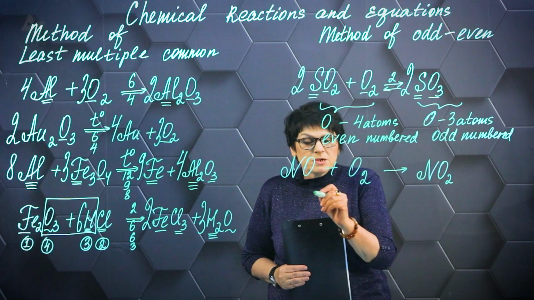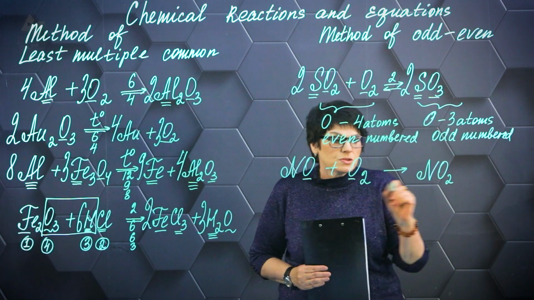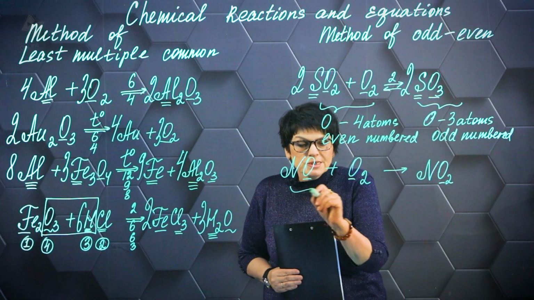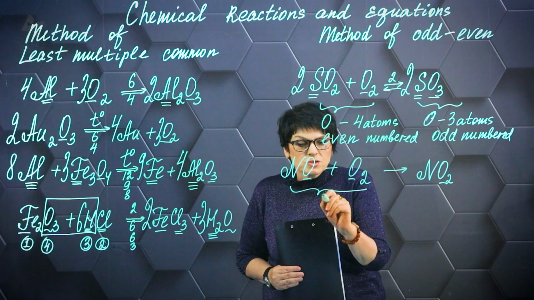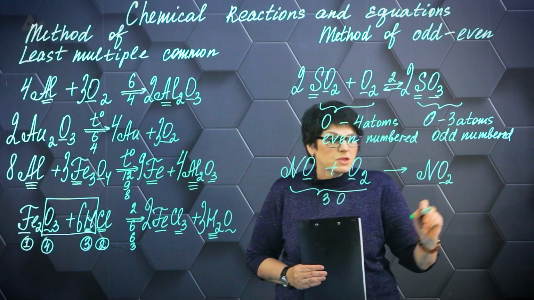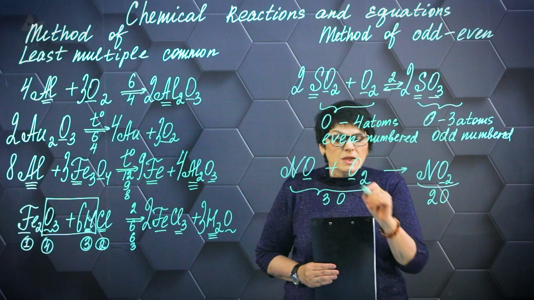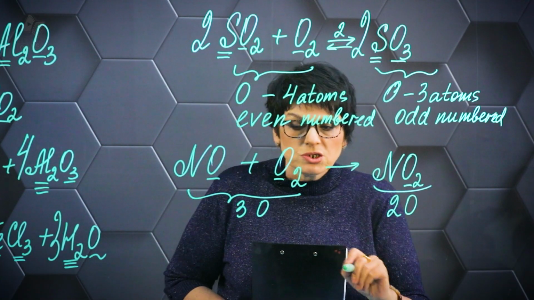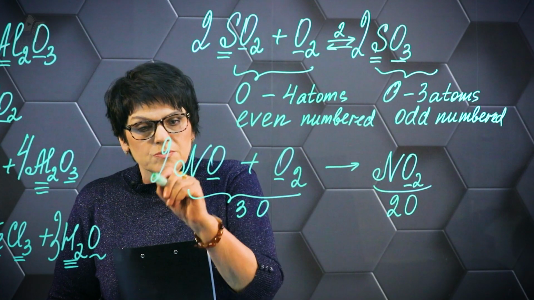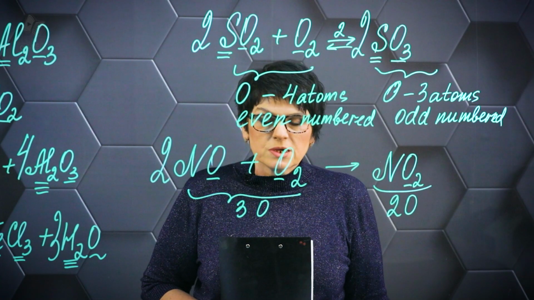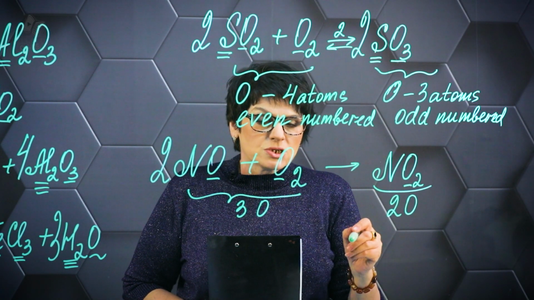So now let's take a look. Let's begin with oxygen. On the left side, we have a total of 3 oxygen atoms, whereas on the right side, we have 2 oxygen atoms. Here we have odd, here we have even. Before that, we set an even coefficient of 2. Now let's get back to work.